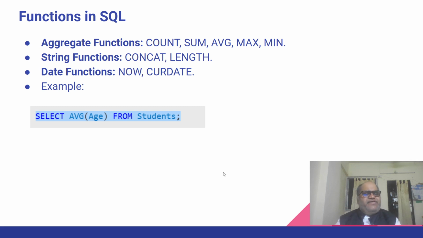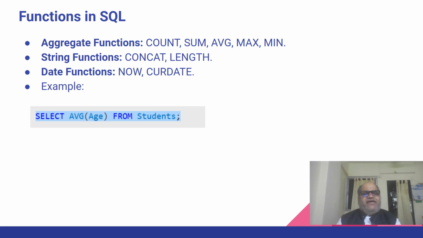The example that you are seeing retrieves all the age from a student. So select age from student, but rather than displaying all the ages, it applies a function AVG, that is for average or mean. So select average of age from students.